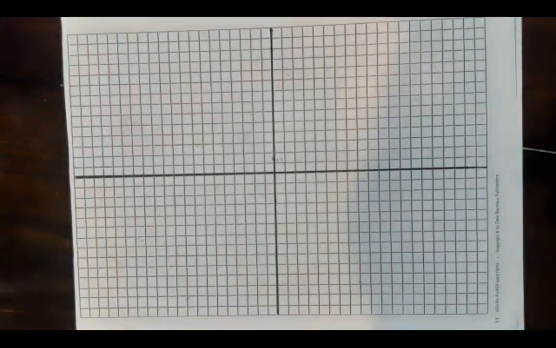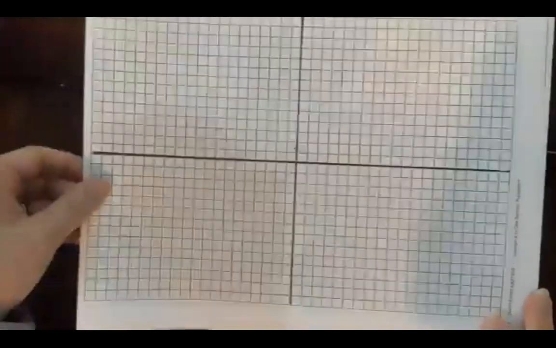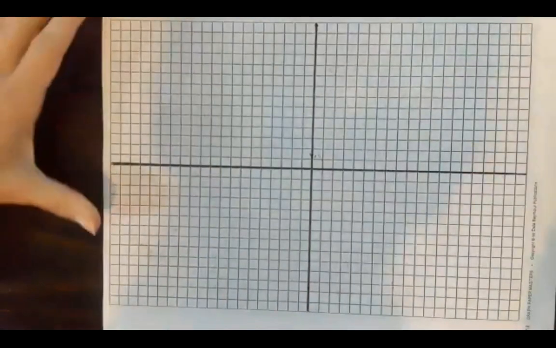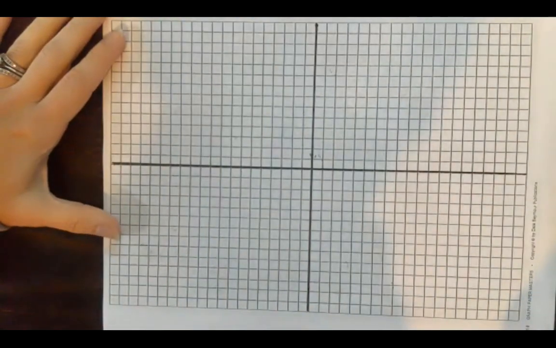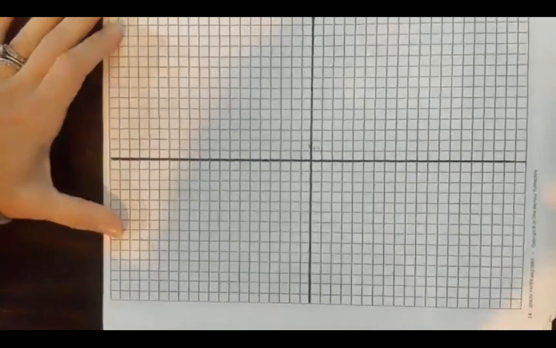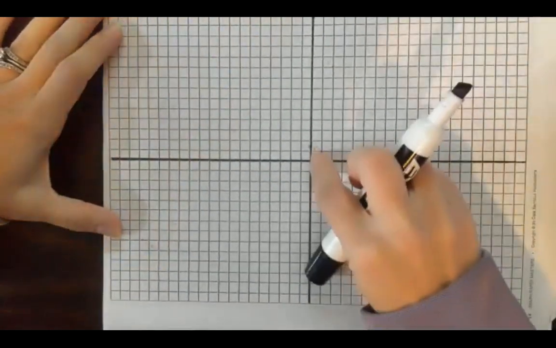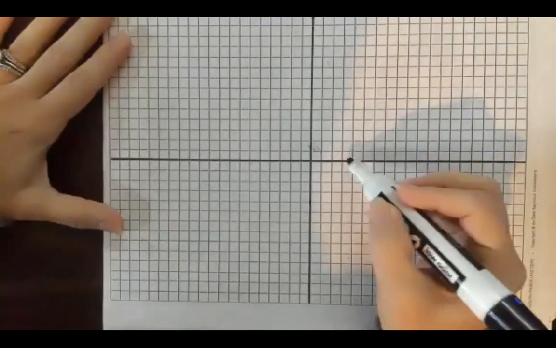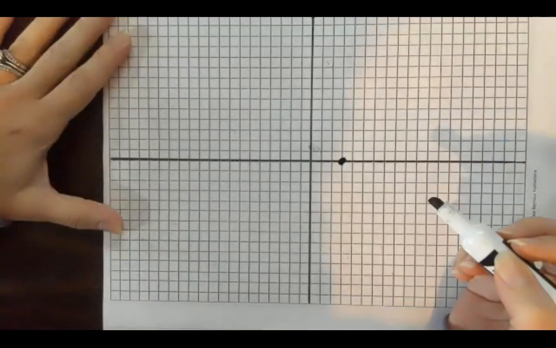All right, somebody read me the coordinates, please, because I had to take the thing off the paper. So, all right, what are my coordinates? 0, 3. And what is that?